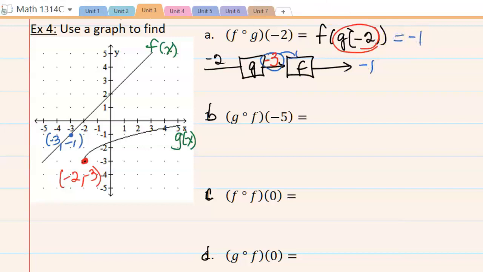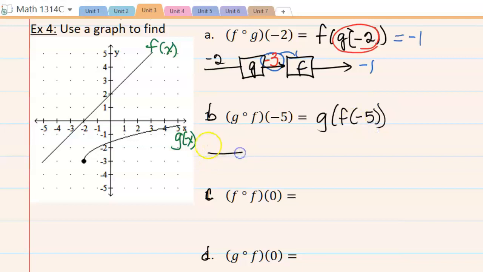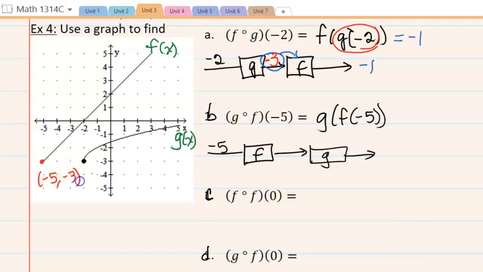Let's try part B. We need to find g of f of negative 5. This means we need to find f of negative 5 first. Looking at the linear graph, find the point on the line that has the x value of negative 5. It is the point (-5, -3). So f of negative 5 is equal to negative 3. Now we need to find g of negative 3.